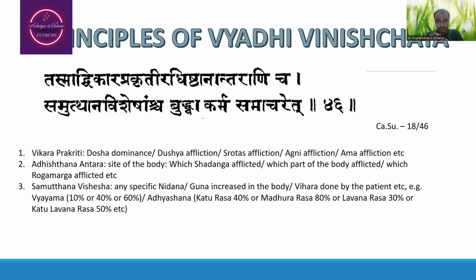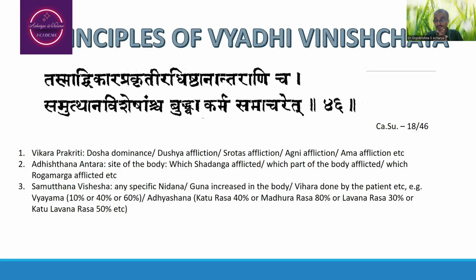Because this katu rasa is responsible for increasing the vata as well as pitta dosha more. Suppose the person is consuming more amount of madhura rasa, then there may be a possibility of maximum kapha dosha prakopa.